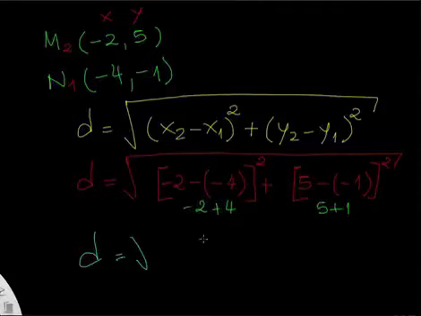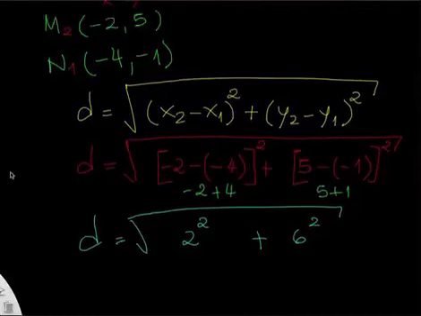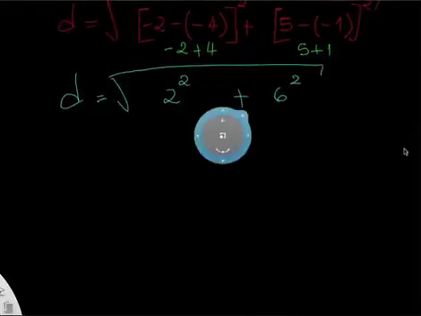Negative 2 plus 4, that is a positive 2. All that is squared. I don't forget the addition sign here. Plus 5 plus 1, that's 6. All that is inside, and that has to be squared. 6 squared. There you go. And I can close my bracket here.